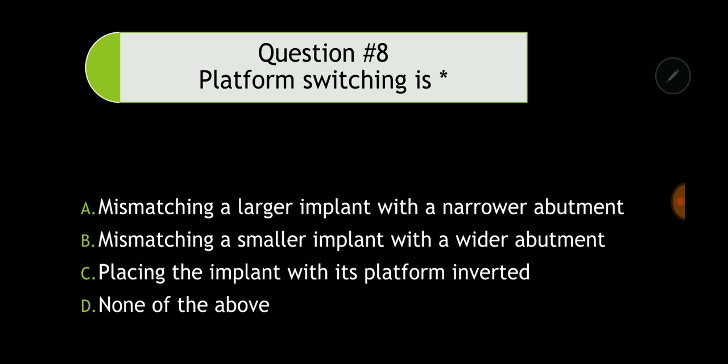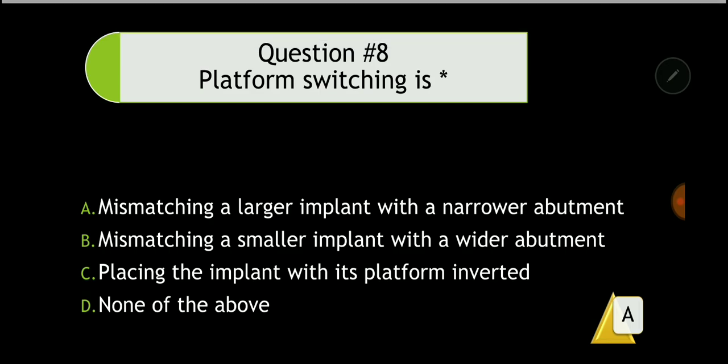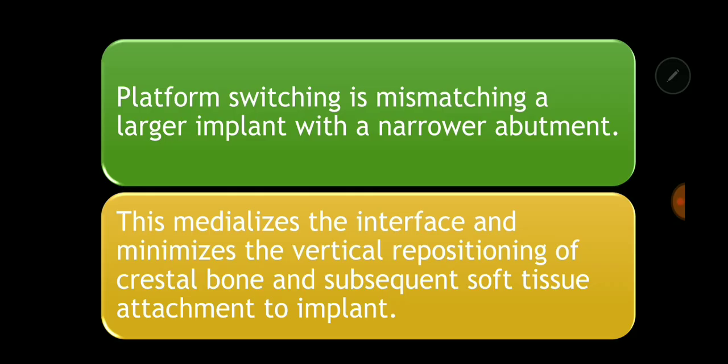Right? So make sure you know. Okay, our answer here is A. And so the purpose of the platform switching, okay, platform switching is mismatching of a large implant with a narrower abutment.